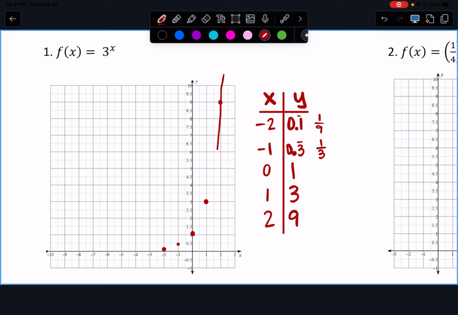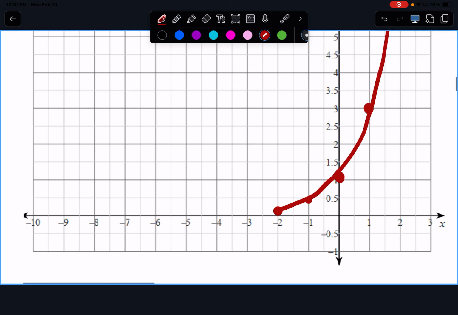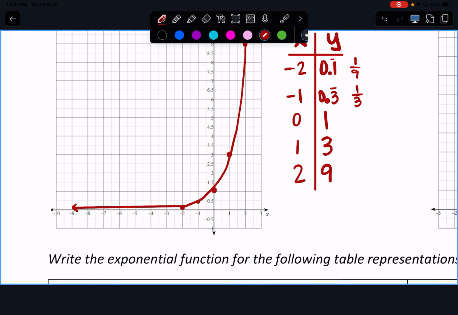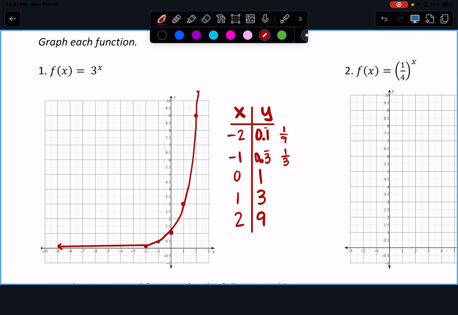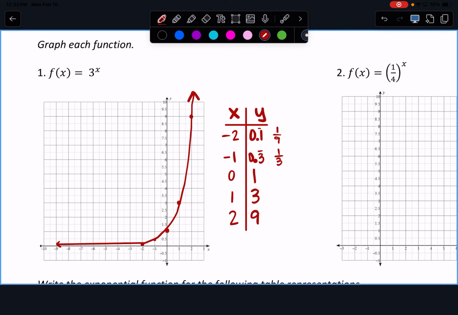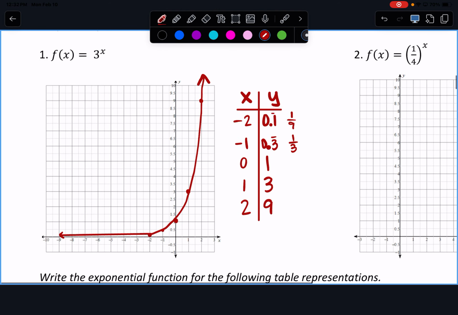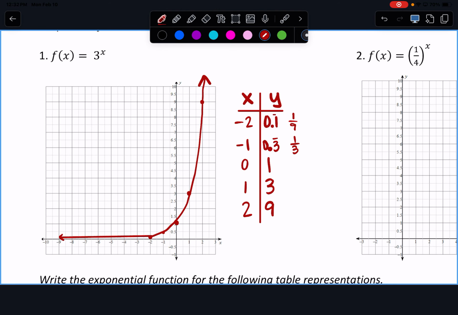Then we sketch this, and we get that as our shape. Is that a growth or decay function? We know that it is growth because our b up here is greater than 1.